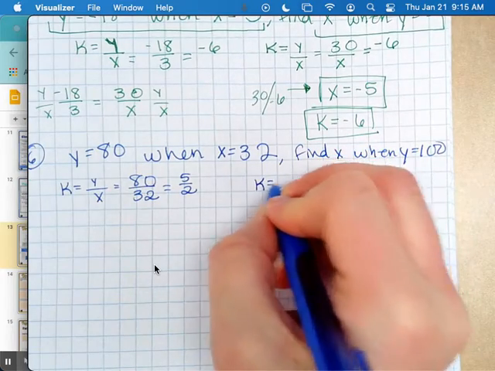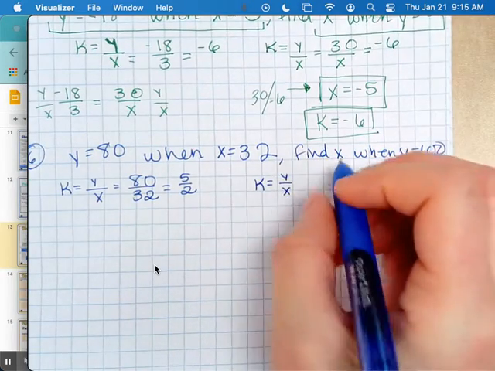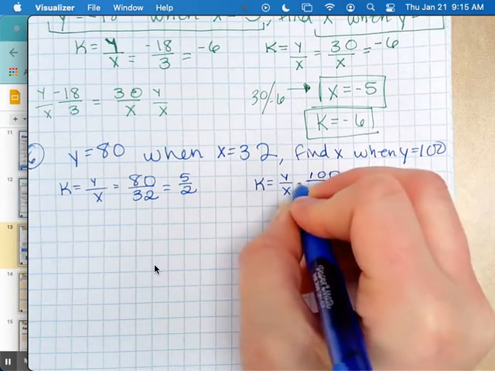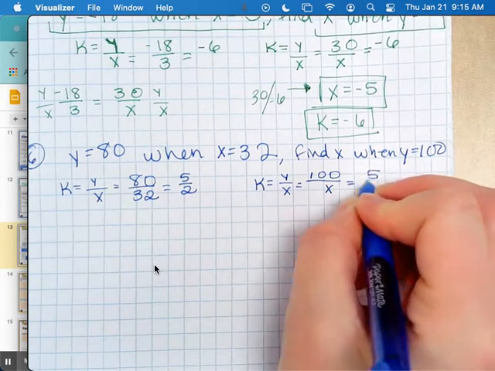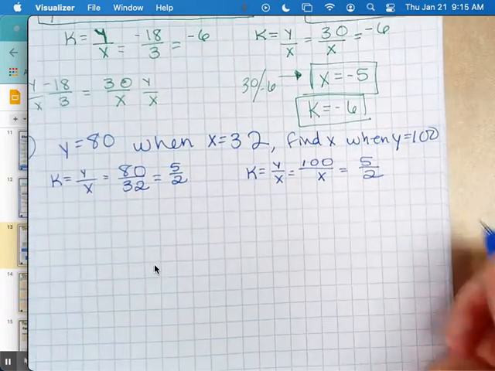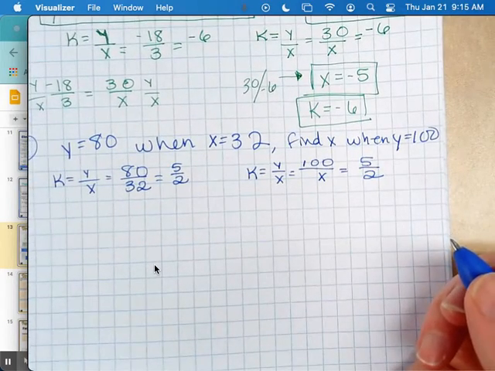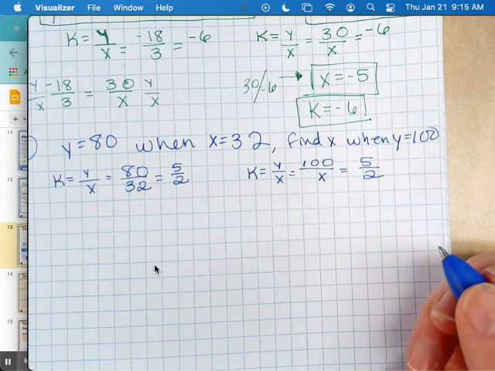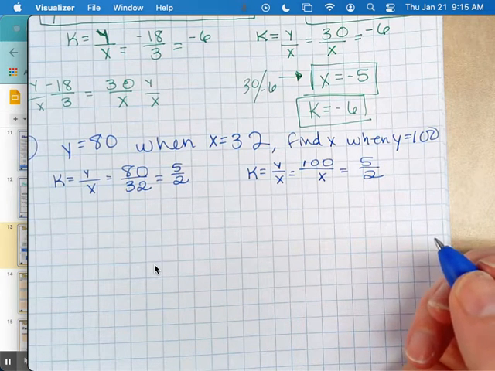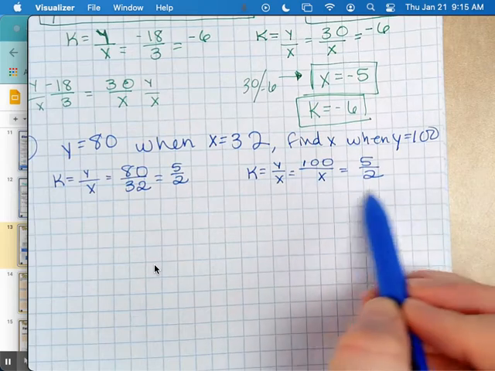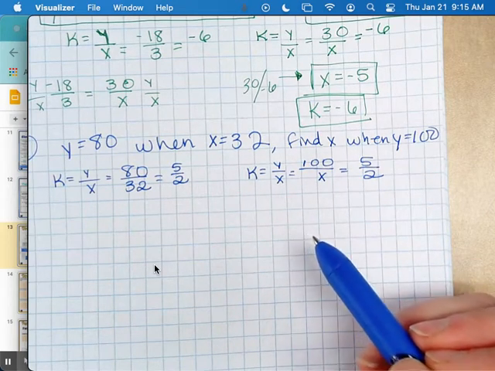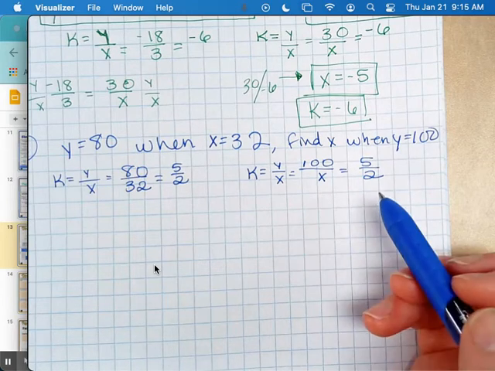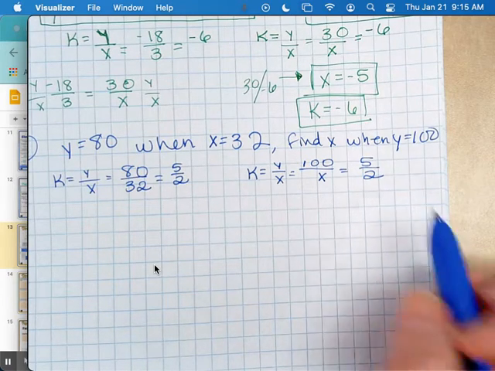So k equals y over x. So it's 100 over x equals 5 over 2. Here we have a proportion set up already, so we can cross multiply and divide that one to find our x value.